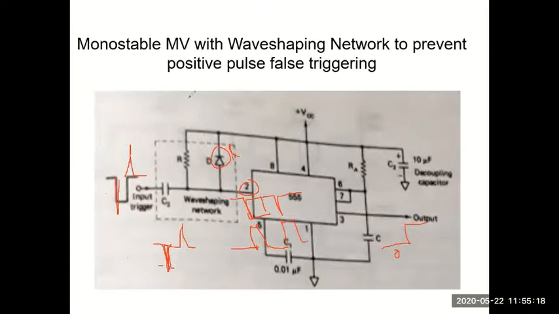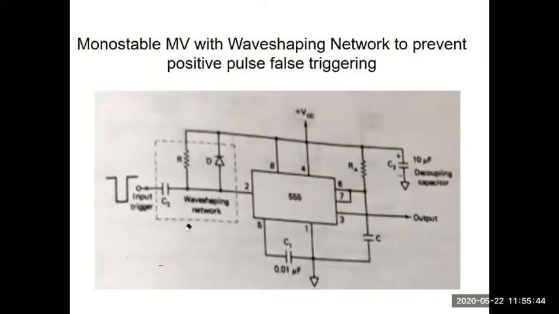So there won't be any false triggering in this circuit if we simply include an RC differentiator along with a diode as shown. So this we call a wave shaping network because it will change the input square-like trigger to spikes and it will pass on only the negative spikes to the circuit.